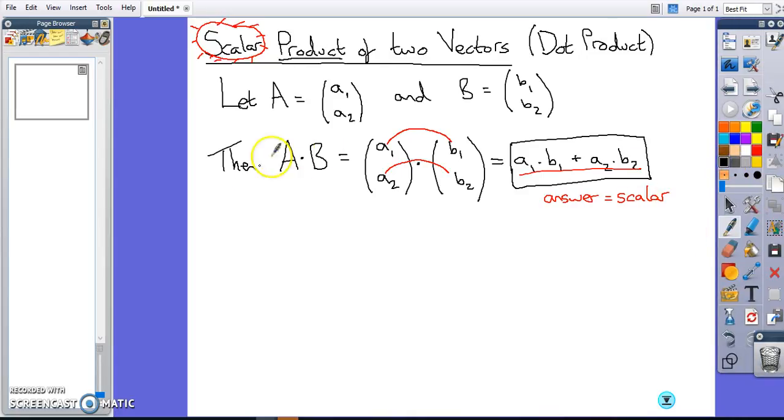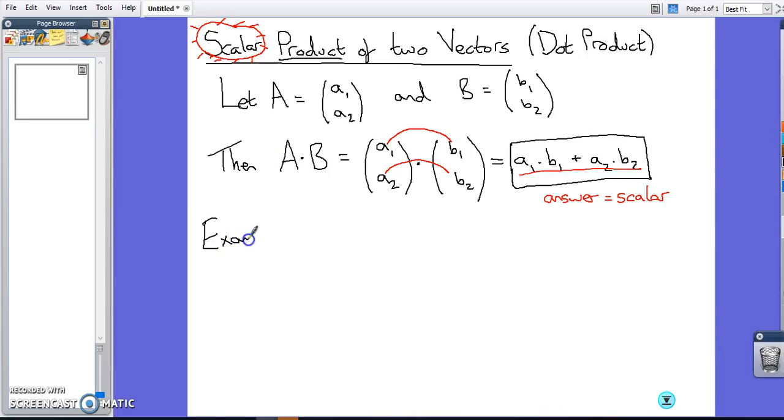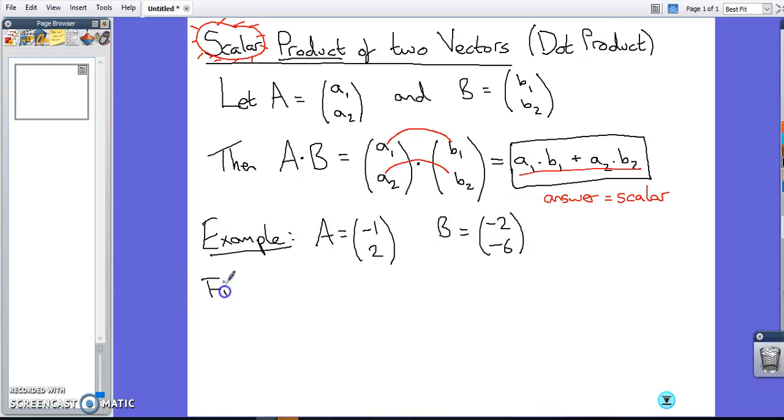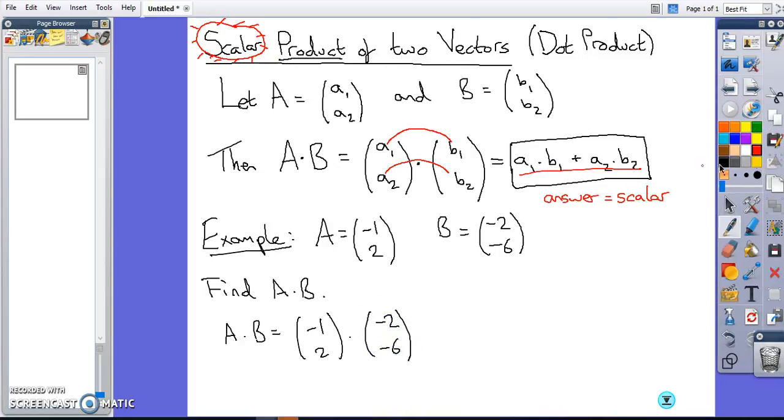Let's do an example. So if this time, rather than A1 and A2, A is -1, 2, and B is -2, -6, let's say, and our question says find A dot B, then A dot B will be -1, 2 dot -2, -6, and we do the same as we did up here.